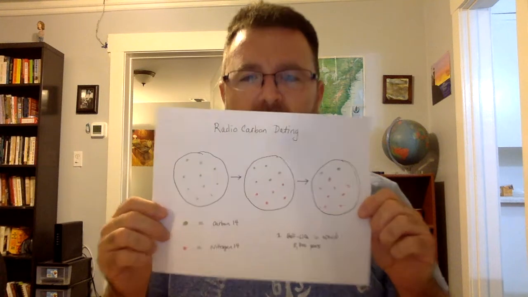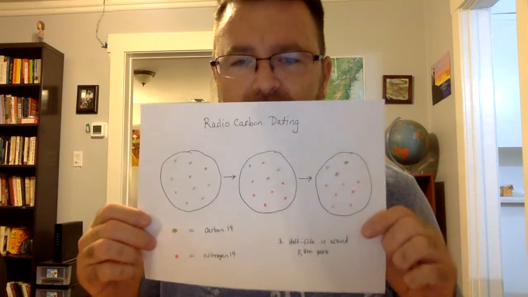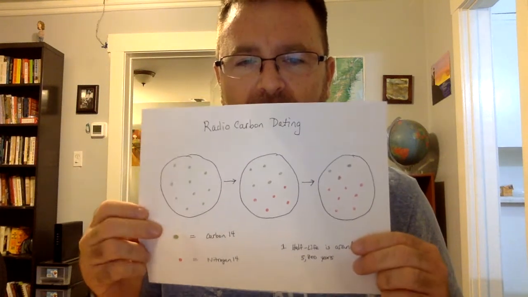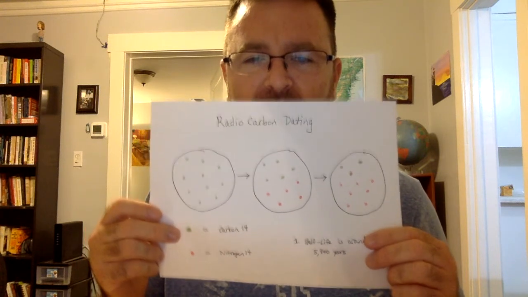This very rare isotope of carbon, known as carbon-14, actually has 6 protons and 8 neutrons, giving a total of 14. And I've represented in this little drawing, hopefully you can see it, that carbon-14 is in this green color.